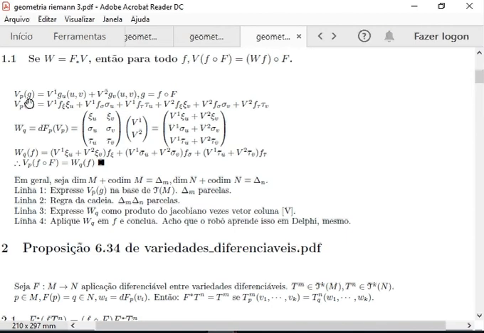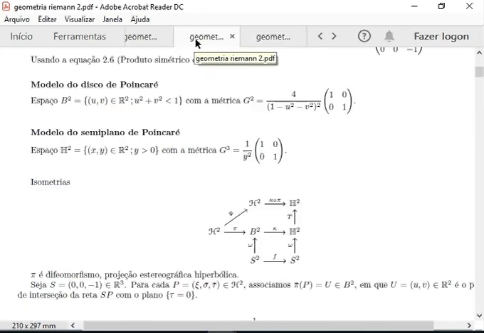What's V_P applied at G? It's V1 G_U at U V plus V2 G_V U V, where G is F circ big F. Do you understand that? Let's turn back to the model.